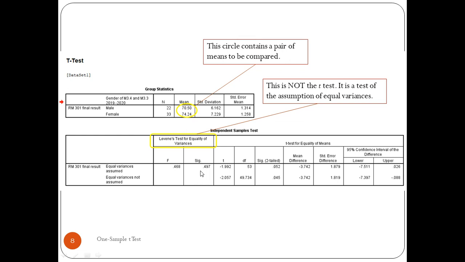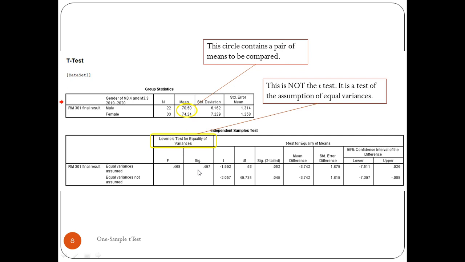When the p-value of the F test or the Levene test is not significant, we say that the variances of both group A and group B are equal. If, however, the p-value is less than 5%, or less than 0.05, we conclude that the variances of the two groups are not equal, they are different. So that comes to the next step.